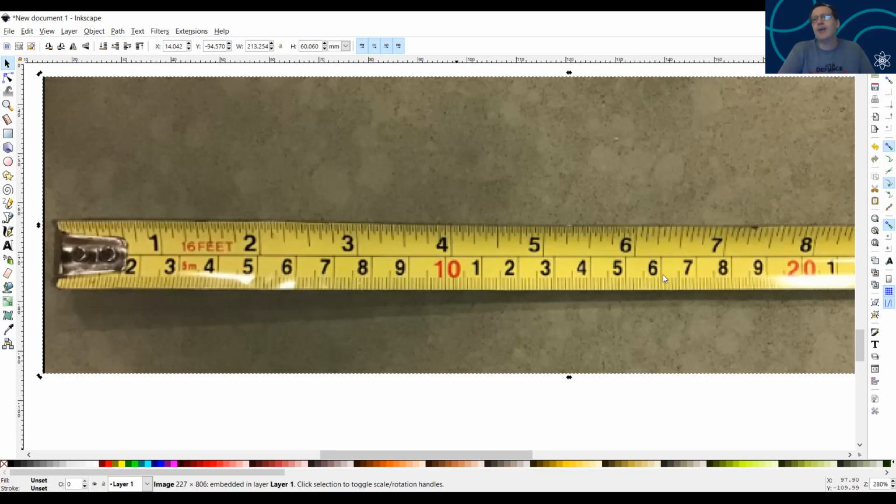Notice very even, up and down all over the place. Each one of these lines is half of the other one. So half, quarter, eighth, 16th, and then these ones down here are 32nds.